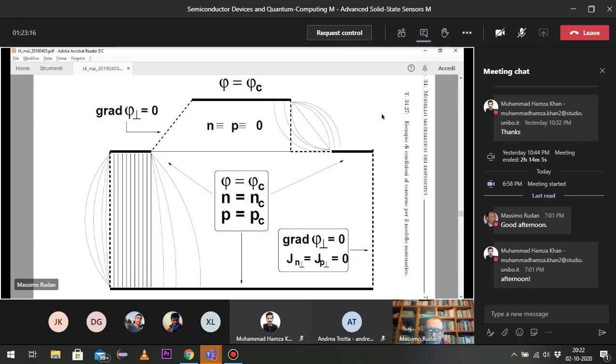For the contacts, the solution is relatively easy because the contacts are made of metals. Metals are extremely rich of free charge. They have plenty of electrons in them.